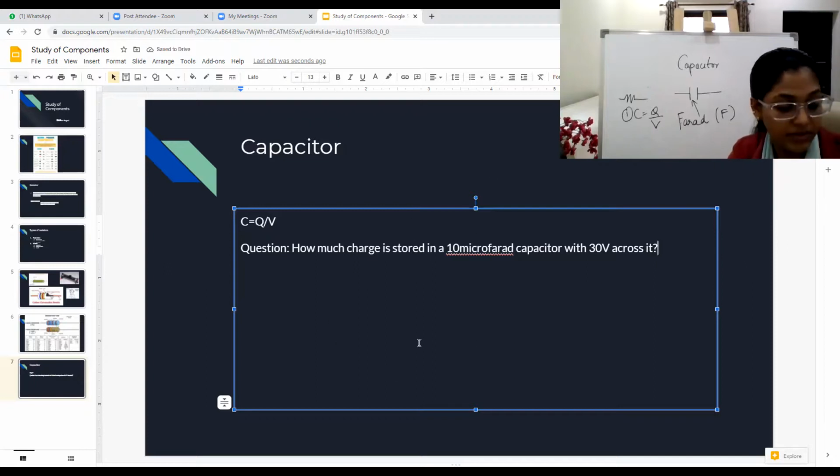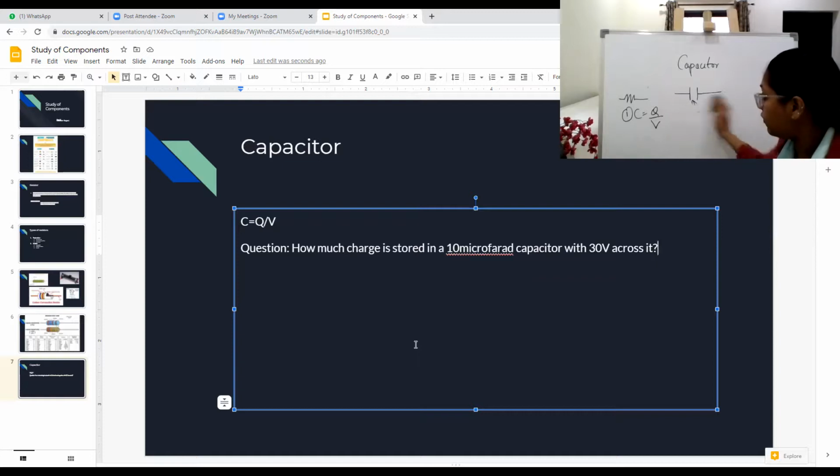Is this solvable? Definitely yes. So as usual, I have told you how to solve the numerical. How do we solve it?